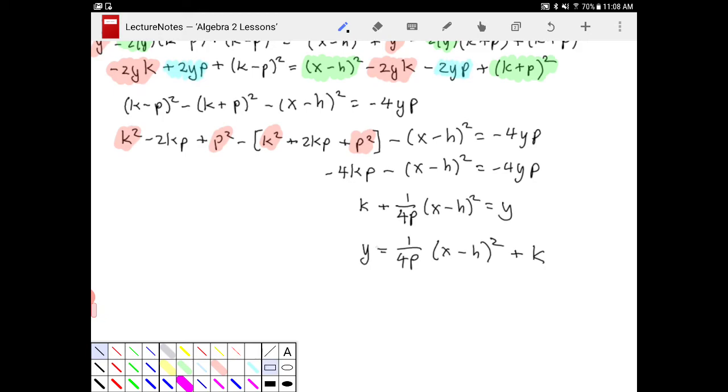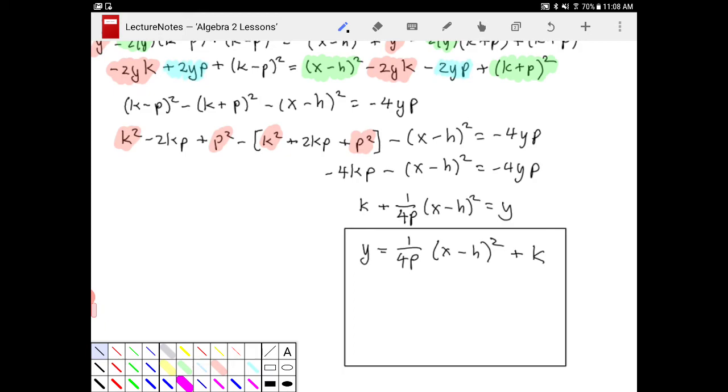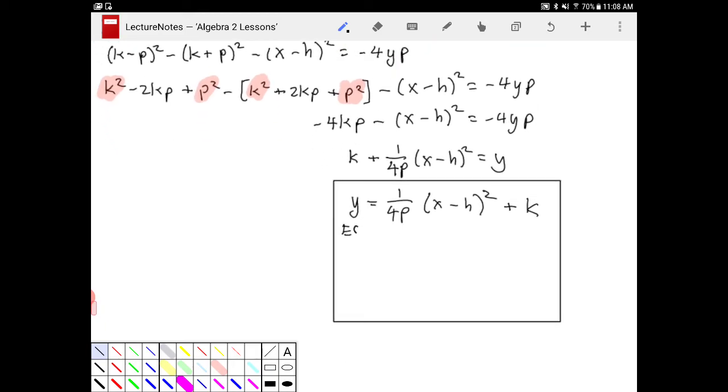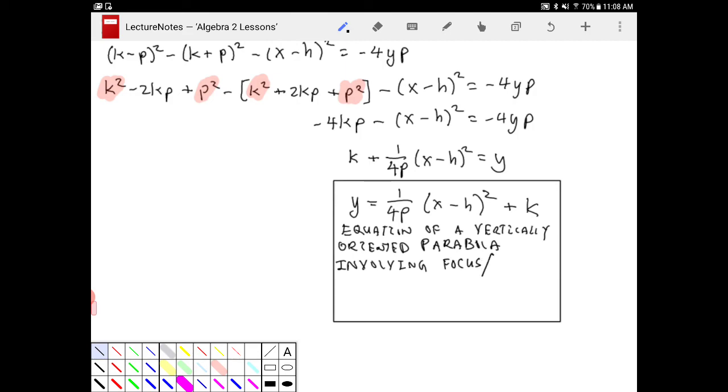This is the equation of a vertically oriented parabola involving focus and directrix.